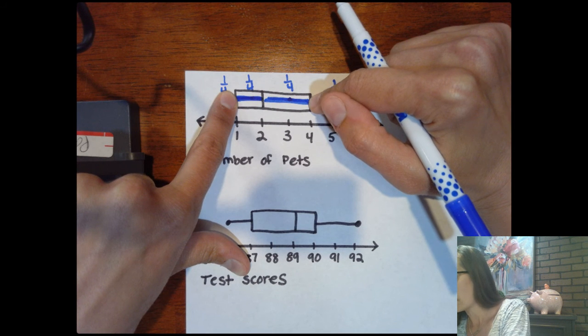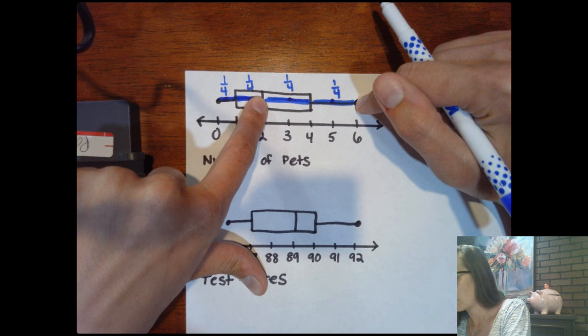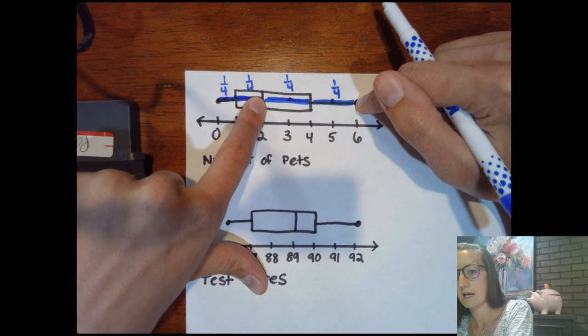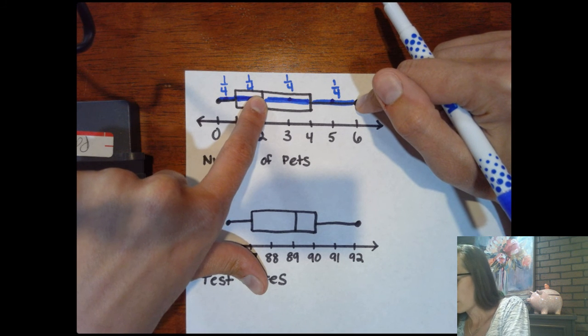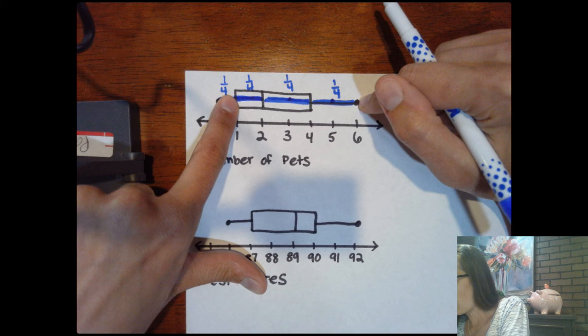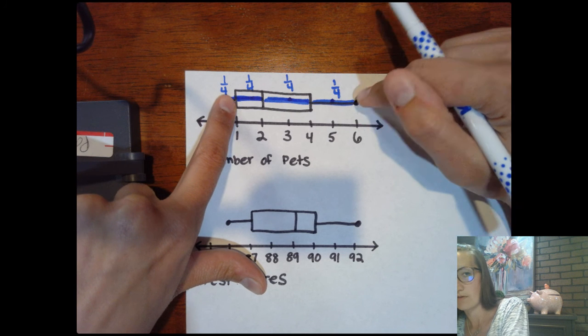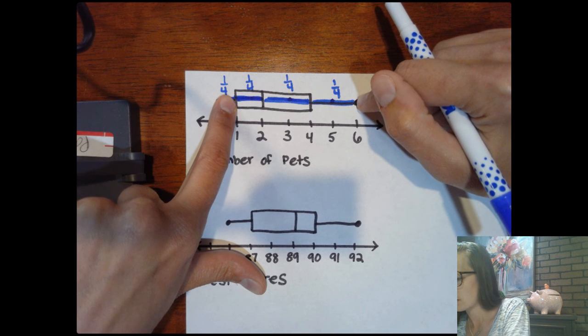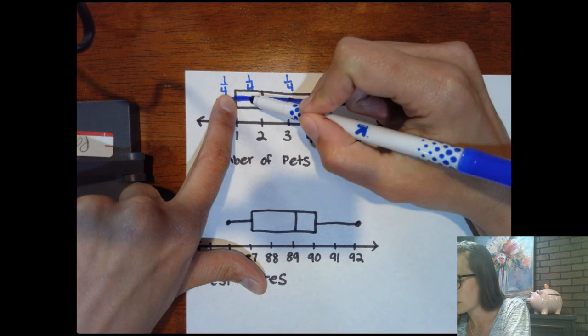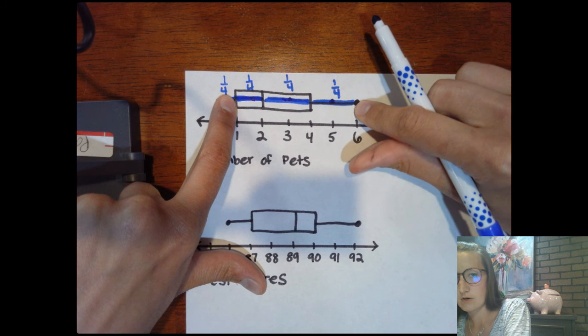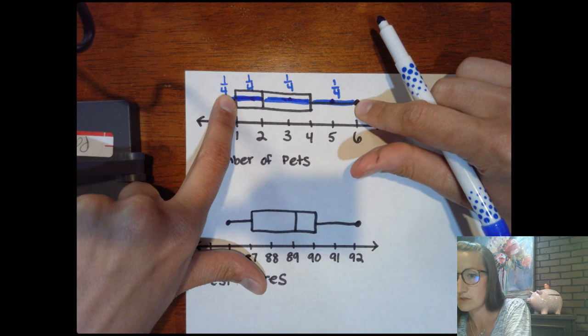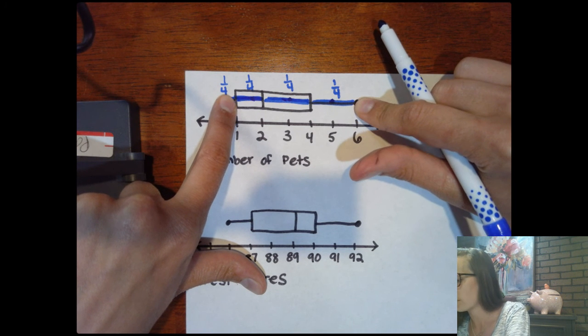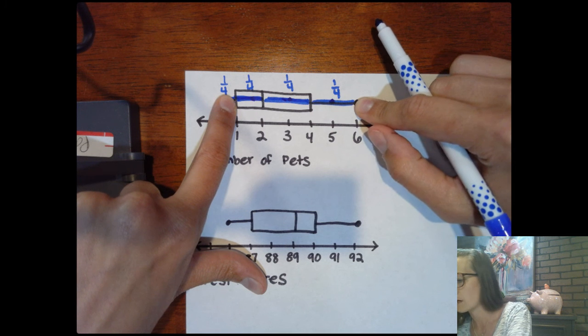And we could even say the top half of the class is between 2 and 6, so that's more spread out. We could say 3/4 of the class has between 1 and 6 pets. Where did I get 3/4 from? Well, if you look in between my fingers, there's 1, 2, 3 sections or 3 zones on our graph, and 1/4 three times put together makes 3/4. So 3/4 of the class would be between here and here.